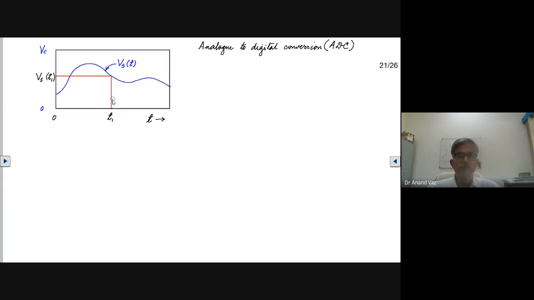First of all, this time t1 at which we are going to acquire the signal, we call it sampling the signal. So here we are sampling the signal at a particular time, which is t1 in this case.